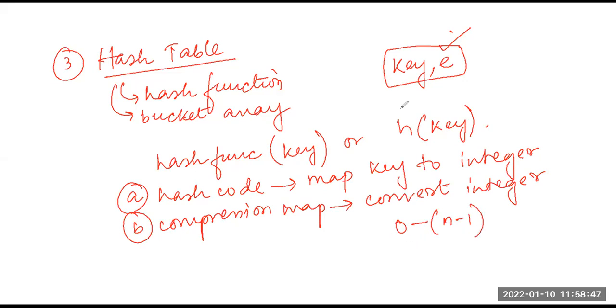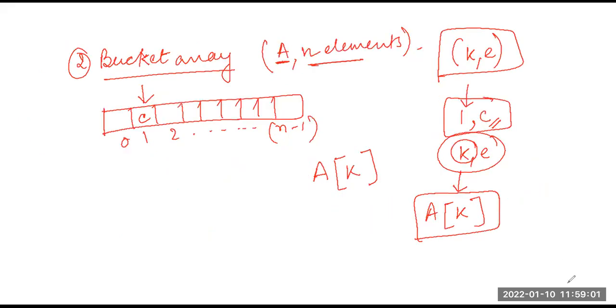That means if you have a key value of 56 and your element is, suppose, A, and suppose your array is from 0 to 9, then you cannot store at 56. According to the concept of bucket array, you cannot store this 56, because beforehand you need to know the maximum number of elements it can store.